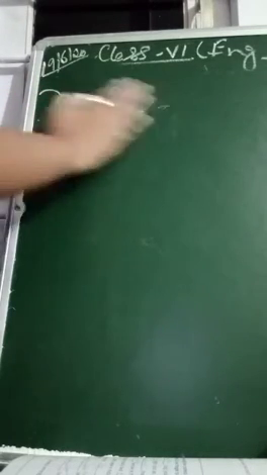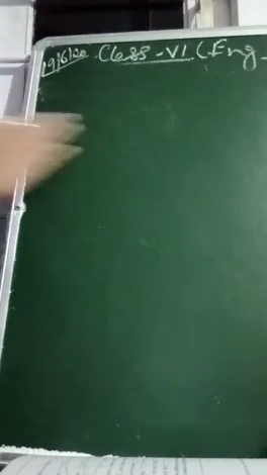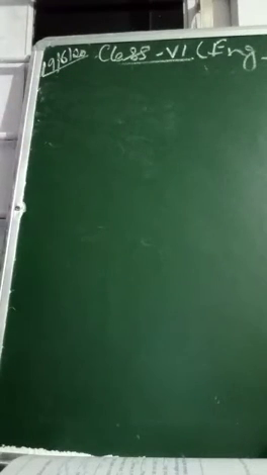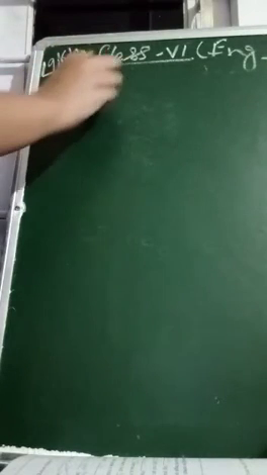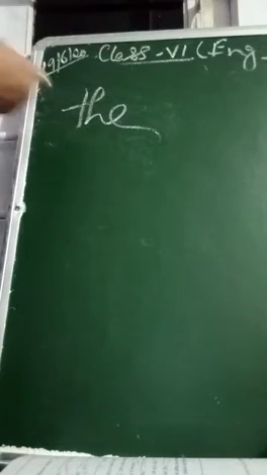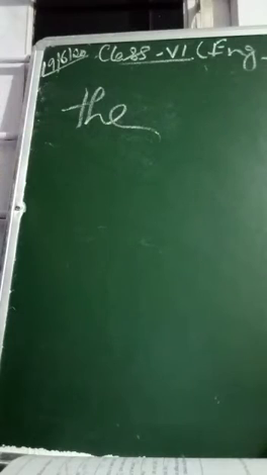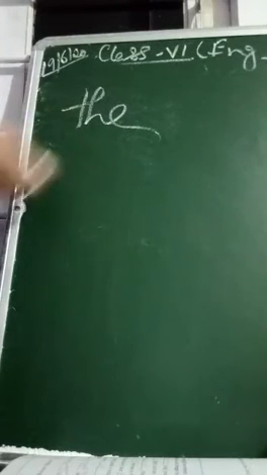And in superlative degree we always add the article the: the most, the happiest, the best. So in front of superlative degree we always use the article the, all right? I hope you all understand.